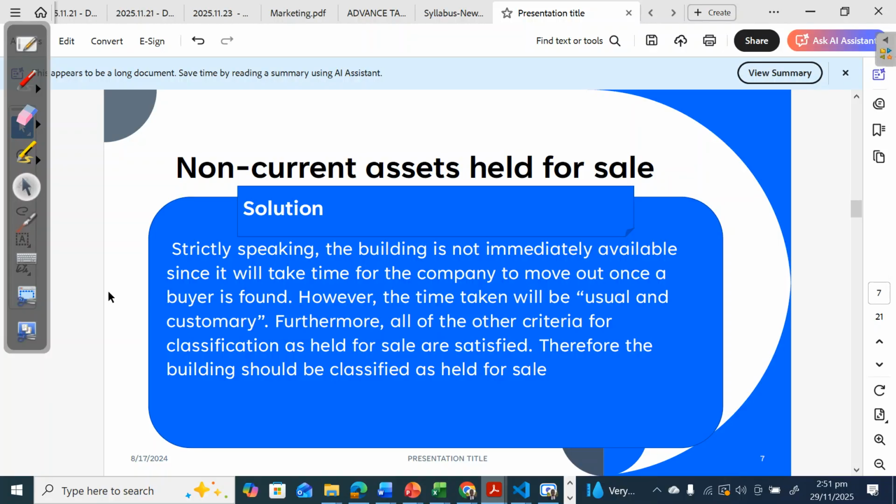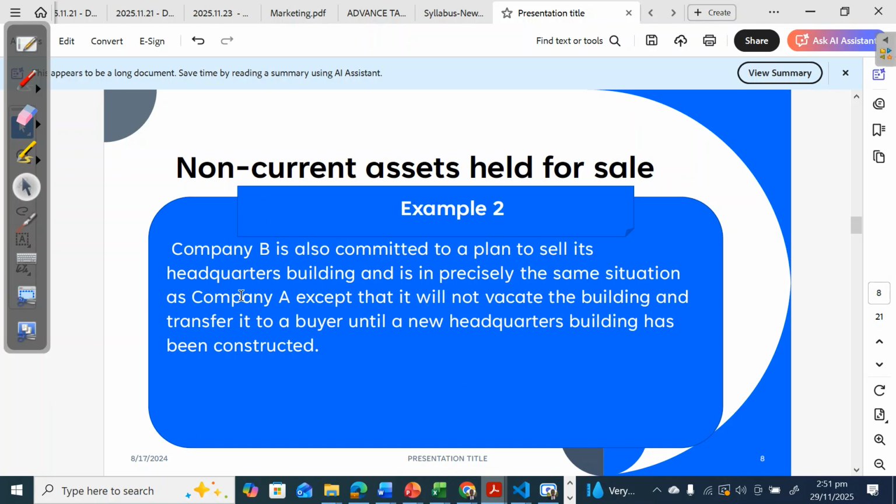Okay, let's look at example 2. So we have Company B. Company B is also committed to a plan to sell its headquarters building and is in precisely the same situation as Company A, except that it will not vacate the building and transfer it to a buyer until a new headquarters building has been constructed.